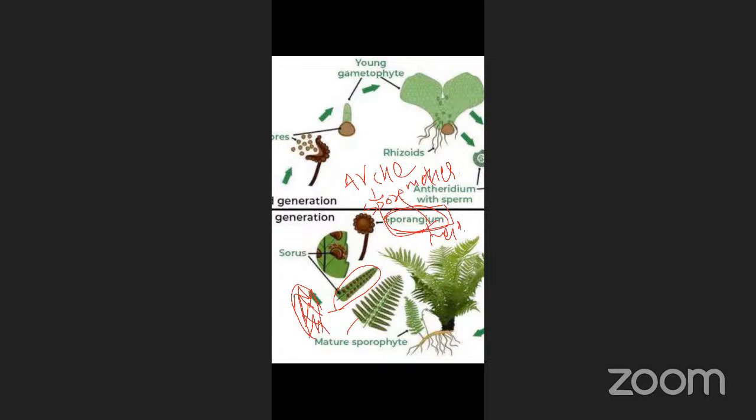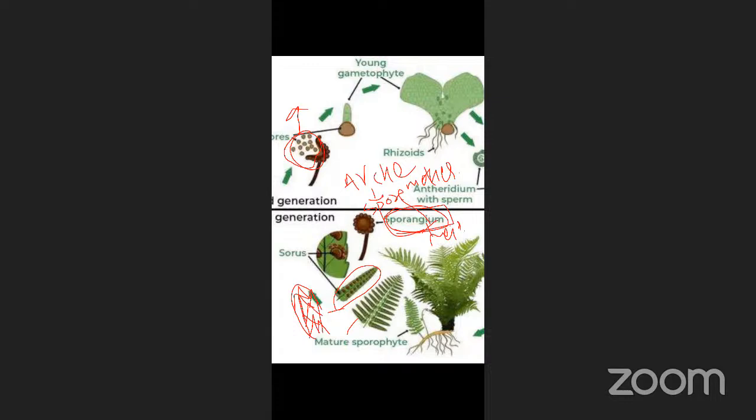Now the spores, after being well developed, the sporangia break into different longitudinal parts. As a result, the spores are released out. Now, what is the ploidy of the spores? Haploid.